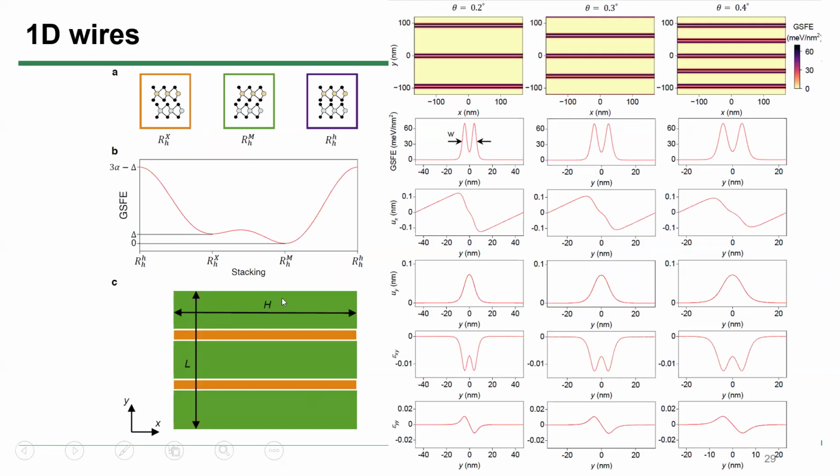If there is no delta, everything would be half green, half orange, but because of the small difference here, we have only a small part of this orange stacking. And we luckily have confinement for interlayer excitons, which we can also prove from spectroscopy, exactly like a quantum wire.